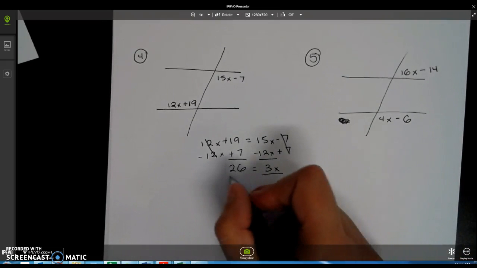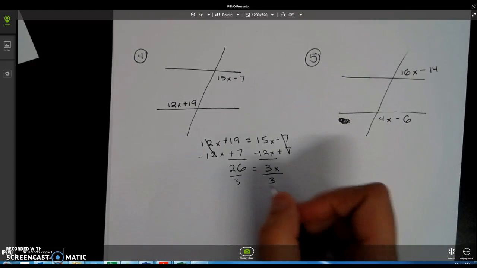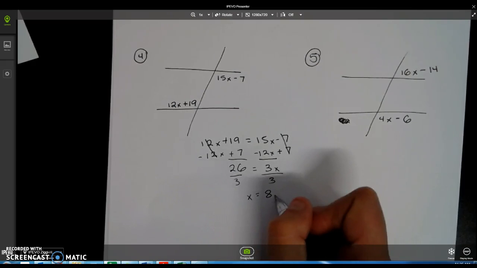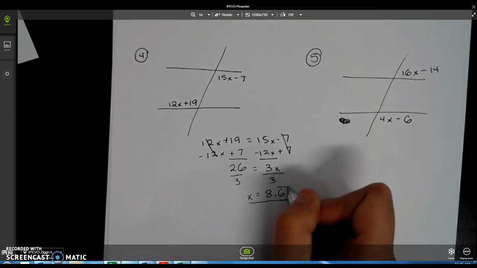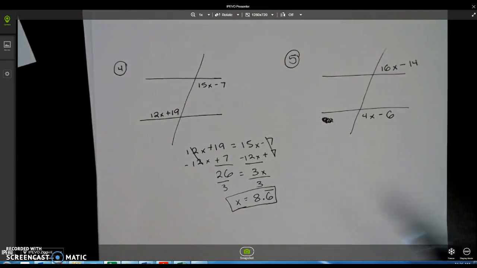And then divide both sides by 3. Okay, so once again, that came out to 8.6 because it set them equal.